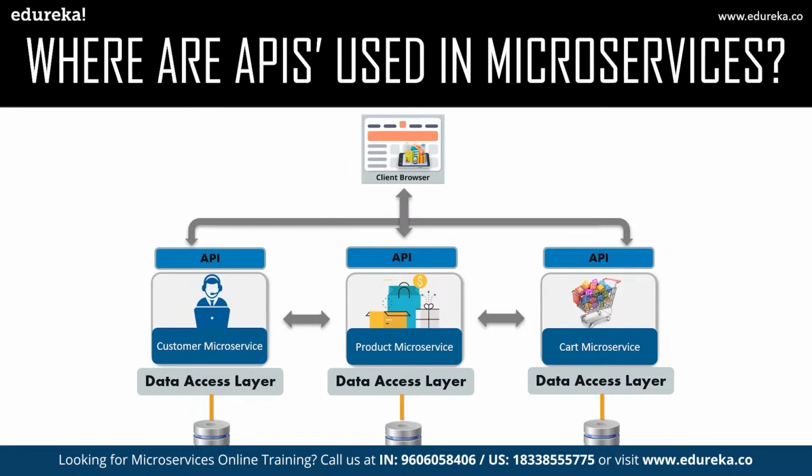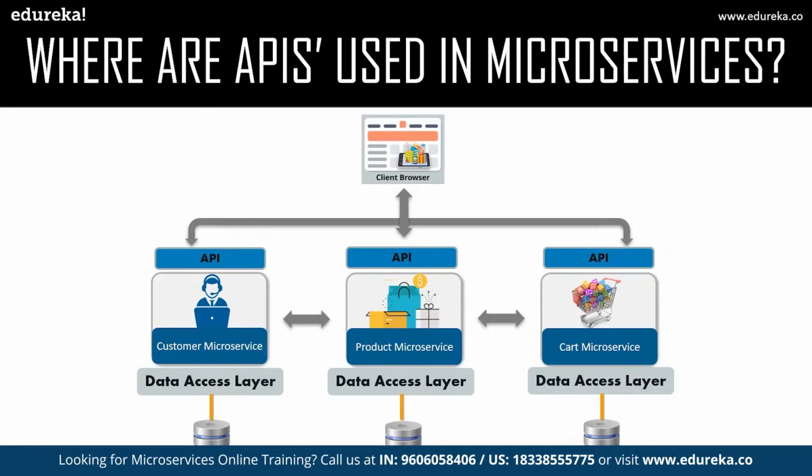So in the application example that we took, we had a client browser, and in the monolithic architecture, the customer information, the product service, and the cart service, all these three functionalities were residing in the same area. And then there was a common data access layer and then a common database, right? Now, when you break down this application, or refactor it into microservices, you can have a specific microservice with its own data access layer and database.